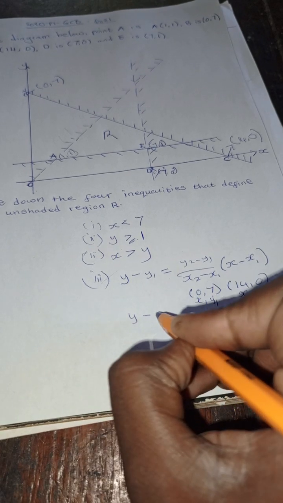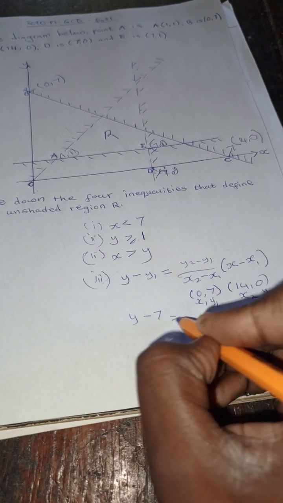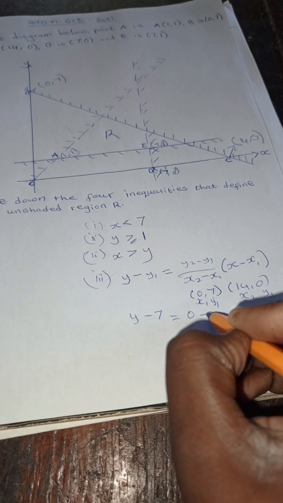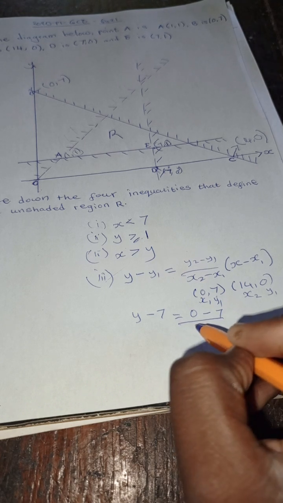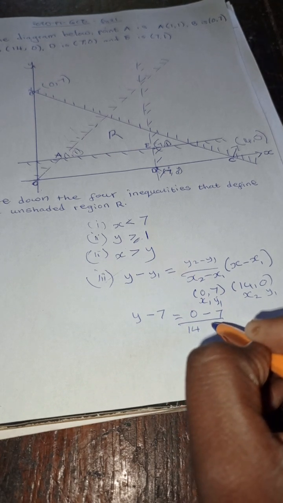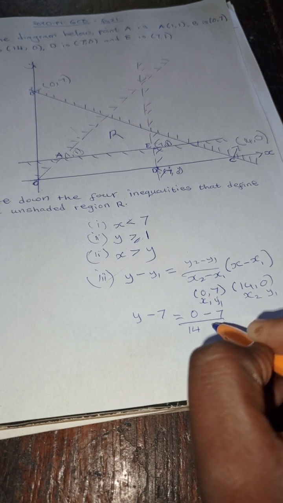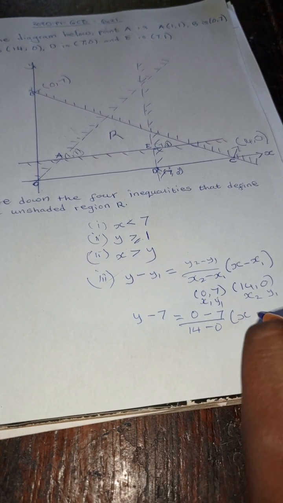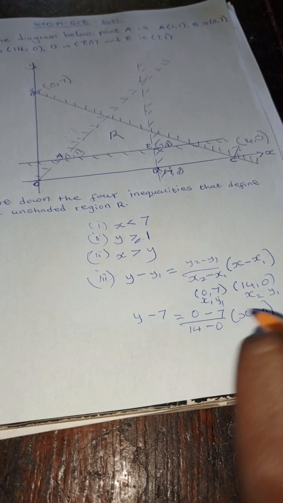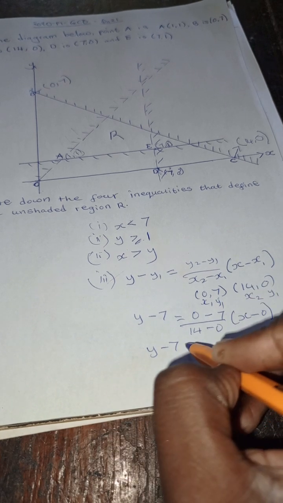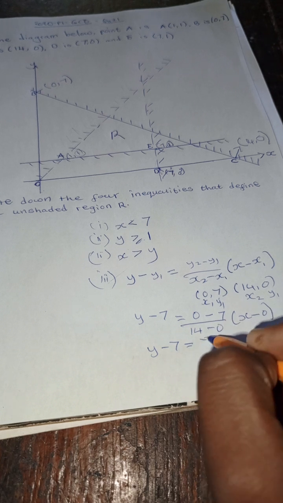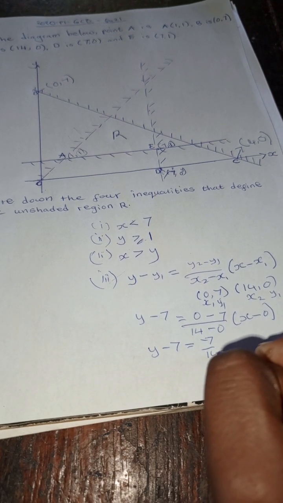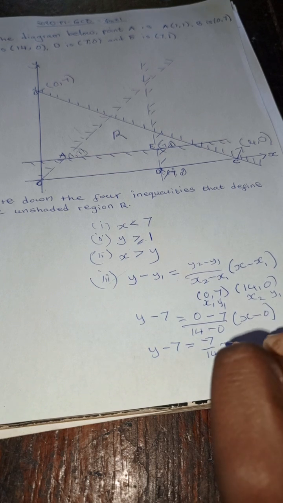You say y minus y1, that's 7; y2 is 0 minus y1, 7; x2 is 14, x1 is 0, so 14 minus 0. So we have y minus 7 equals (0 minus 7), that's negative 7, over 14 minus 0, which is 14, times x minus 0, that is x.